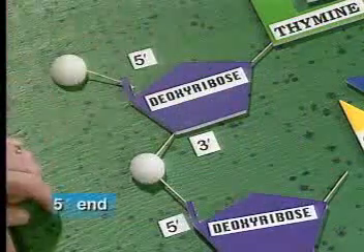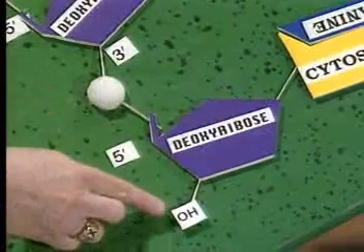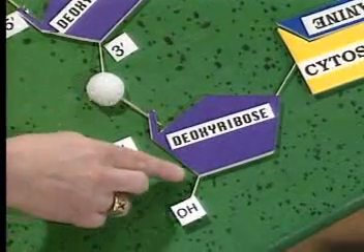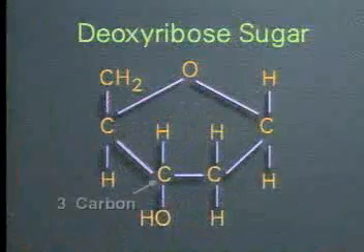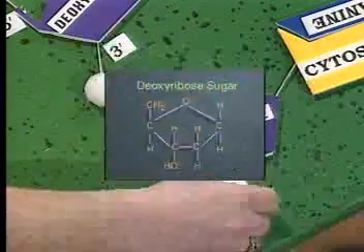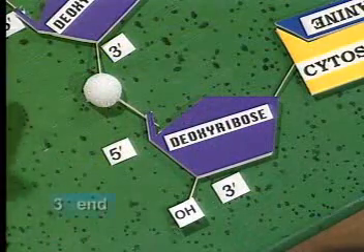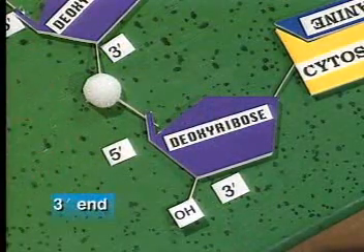So this is the 5' end of the molecule. At the other end of the molecule, a hydroxyl group extends from carbon number 3. So this is called the 3' carbon of the sugar deoxyribose of the last nucleotide of the DNA molecule. So this is the 3' end of the molecule.